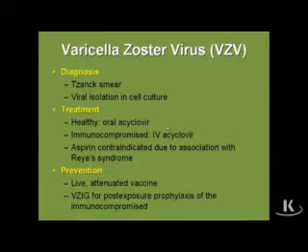You can give acyclovir, though. For immune-compromised patients, you would give IV acyclovir, and especially in the case of something like VZV encephalitis, which can happen very easily in someone that's immune-compromised.